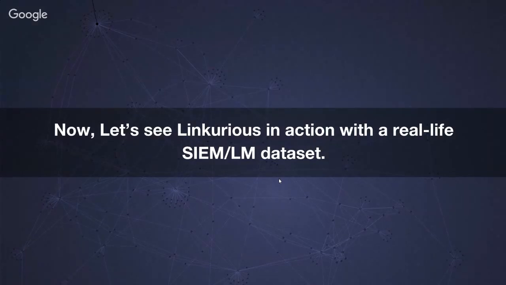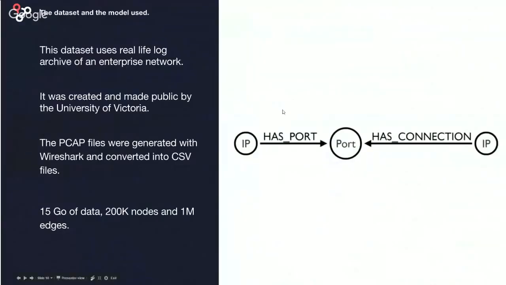For that, I used a real-life company dataset that was made public by the University of Victoria. It came in PCAP files, and what I did was simply convert it into CSV files, model it, and put it into Neo4j.